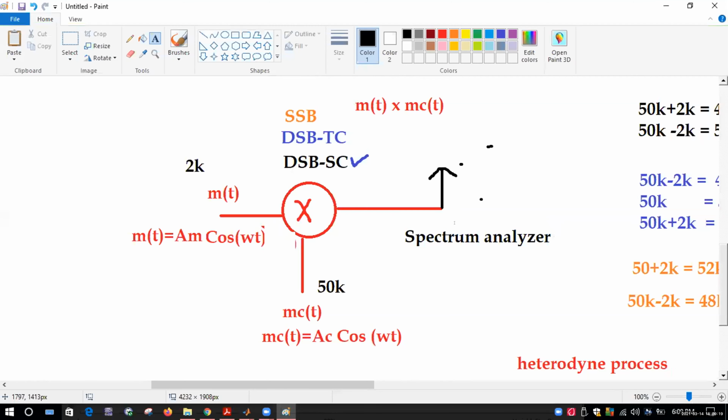What do we call it? Spectrum analyzer. This is an instrument which will show you how many frequencies are there in a signal. So what's the job of a spectrum analyzer?